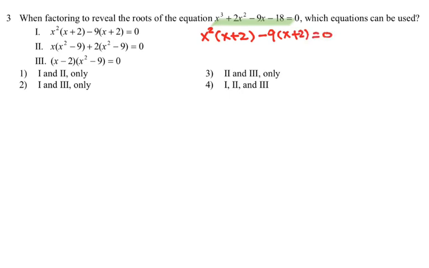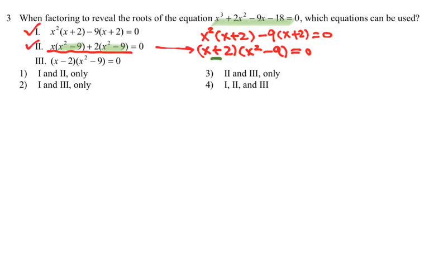Then we get to realize that this looks identical to the first one. Now, if you factor continually, x plus 2 can be factored from both terms, then we get to realize that that's the same thing as the second one, because from the second one you can factor out x squared minus 9, then you will realize that we have an identical expression.